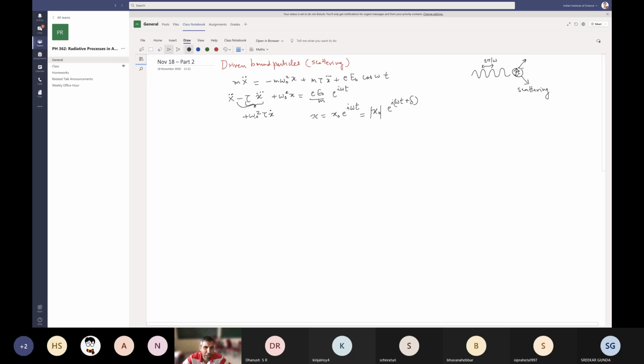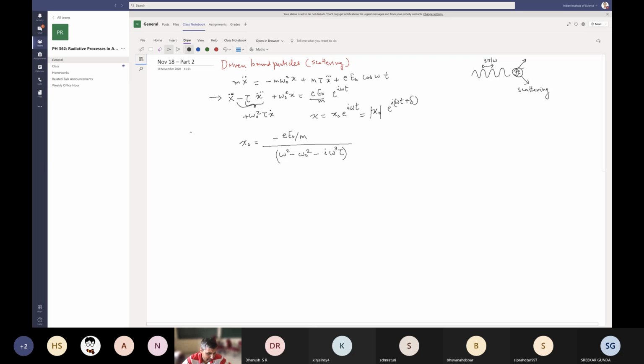If we substitute this form into this equation, we get the solution. x naught equals minus e naught by m divided by omega squared minus omega naught squared, minus i omega cubed tau. This is what we get.